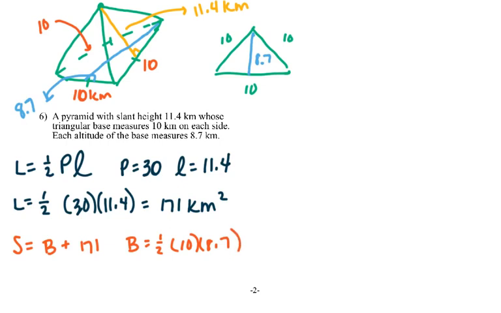So the area of our base is 43.5. So surface area is 43.5 plus 171. And we get 214.5 square kilometers.